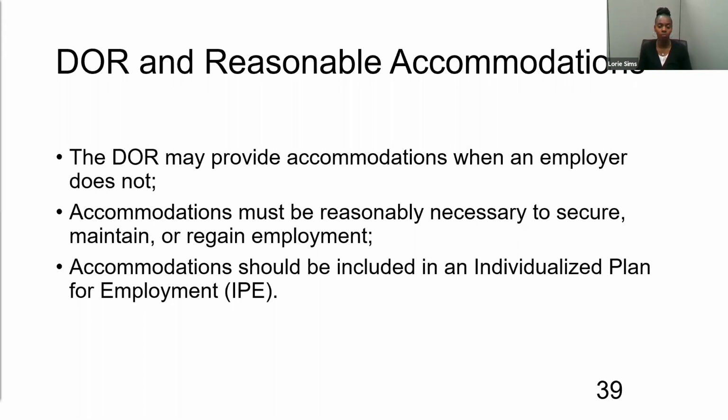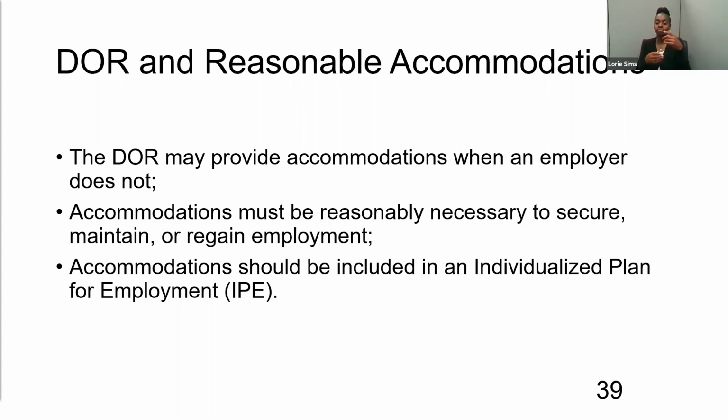So the DOR may provide accommodations when an employer does not. Accommodations must be reasonably necessary to secure, maintain, or regain employment, and accommodations should be included in an individualized plan for employment. So a couple notes on this. As Pam and Aisha mentioned, it is generally the employer's job to provide accommodations.